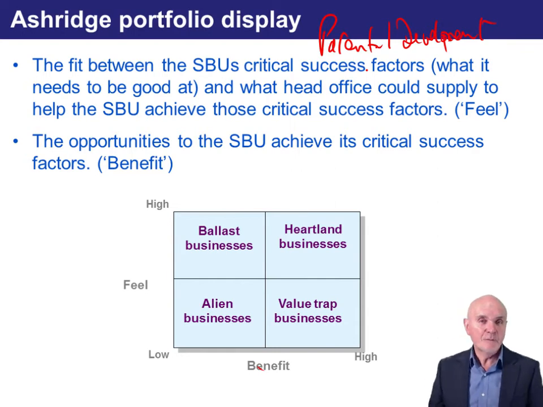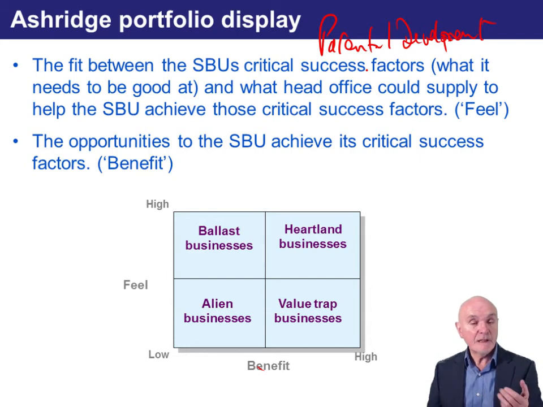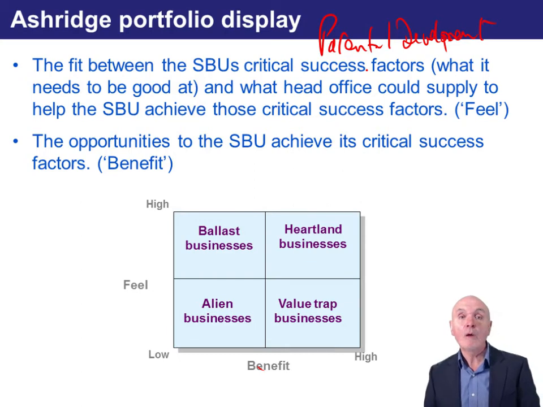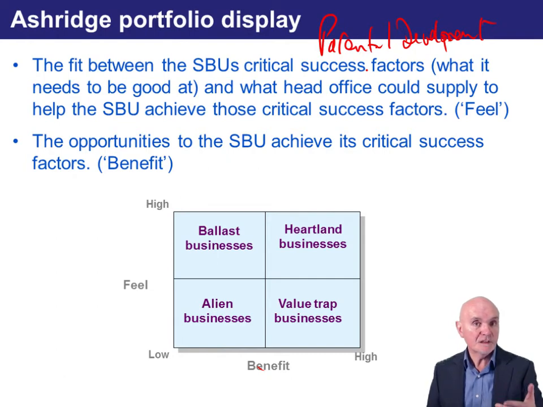And benefit is really saying how much could the young subsidiary or the young person benefit from being helped by someone more experienced. Up the side we have feel, and this is how much the parent or the holding company actually understands what help the subsidiary or the child needs.